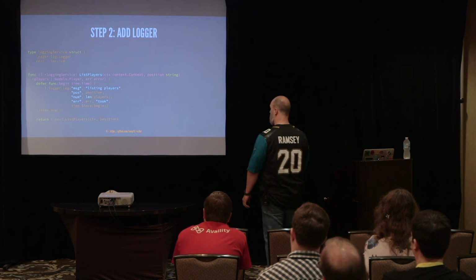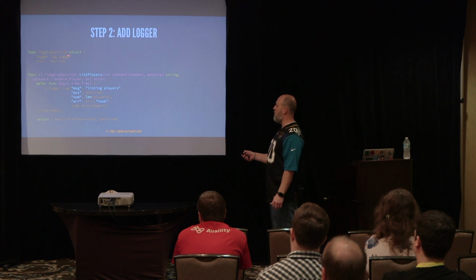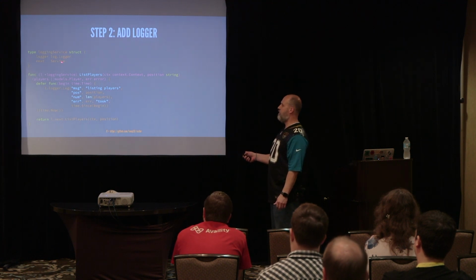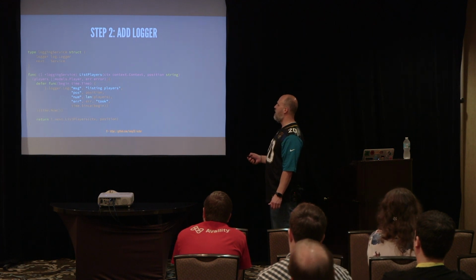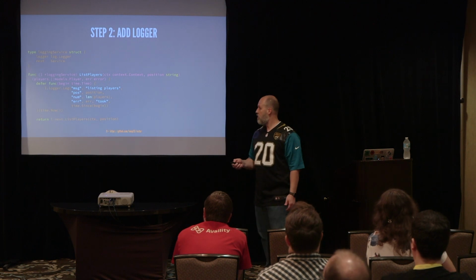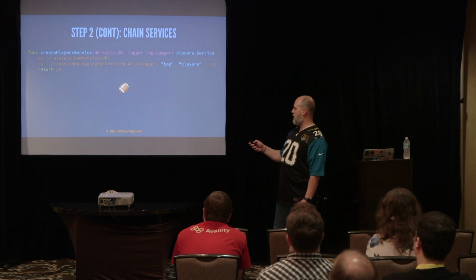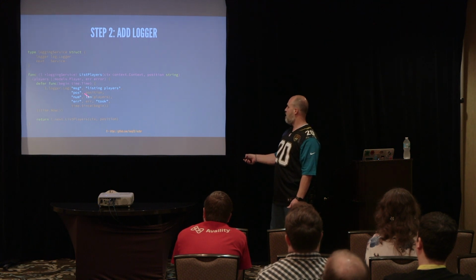So when we create this, we are going to send in our logger and a next service, and that next service is going to be our database service. So we've wrapped those together, and it's going to look like this. So here we just have defer func.